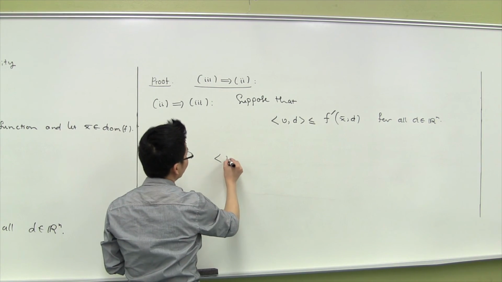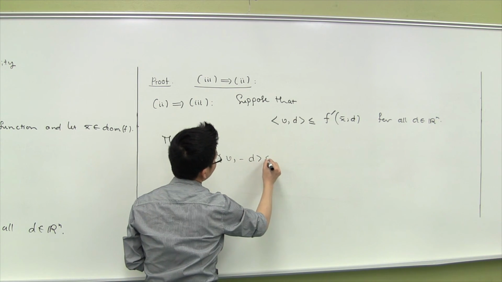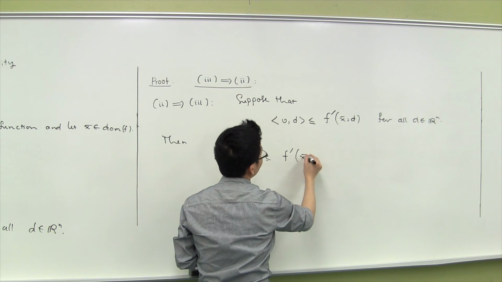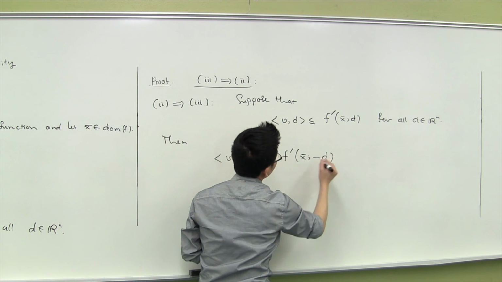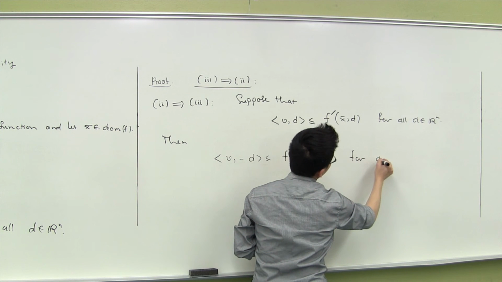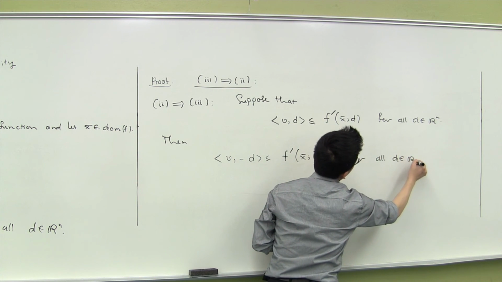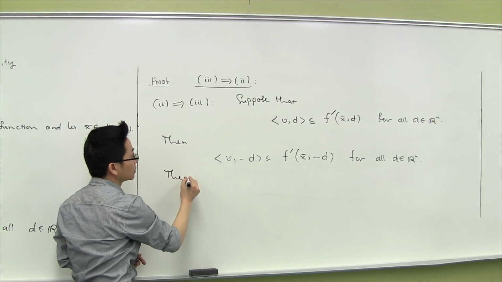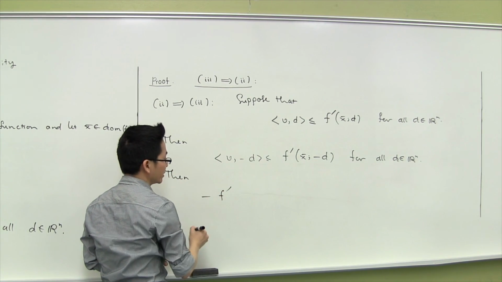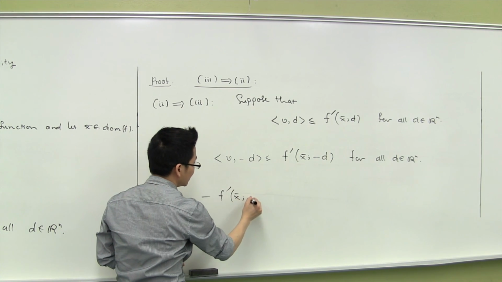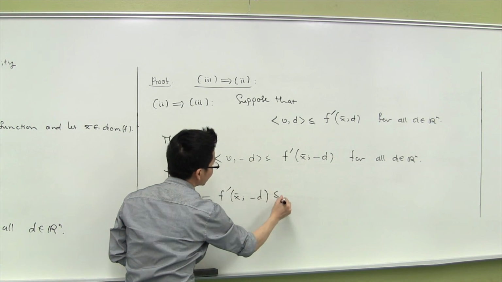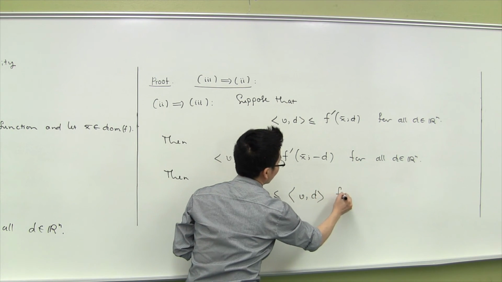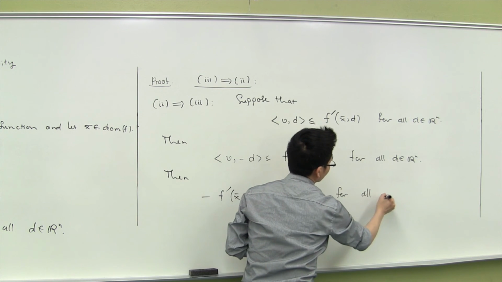So the inner product of v and minus d is less than or equal to the directional derivative of f at x bar in the direction minus d for all d in Rn. Okay, then minus the directional derivative of f at x bar in the direction minus d is less than or equal to the inner product of v and d for all d in Rn.